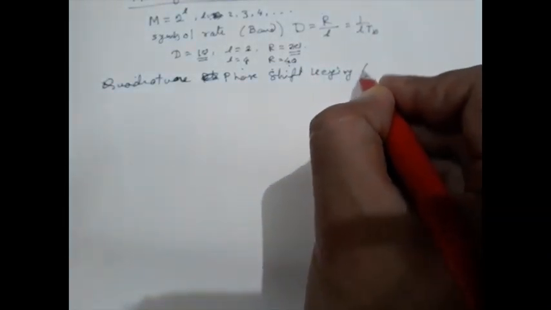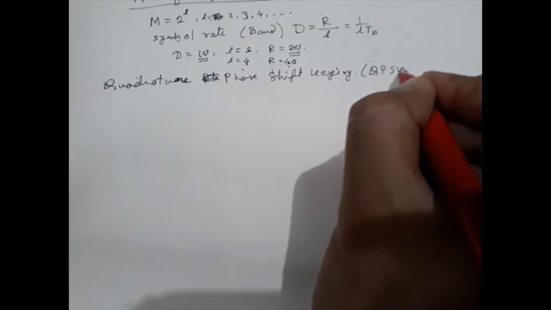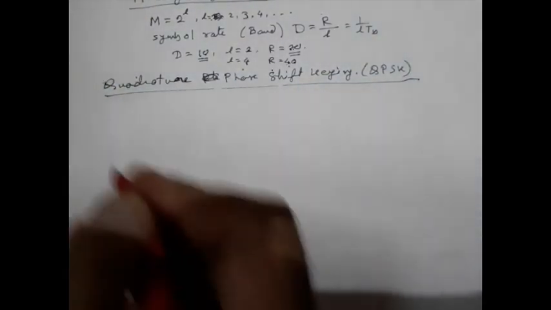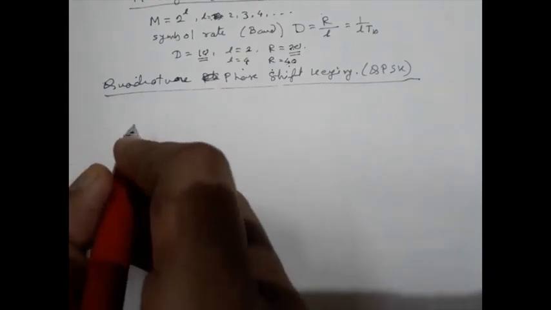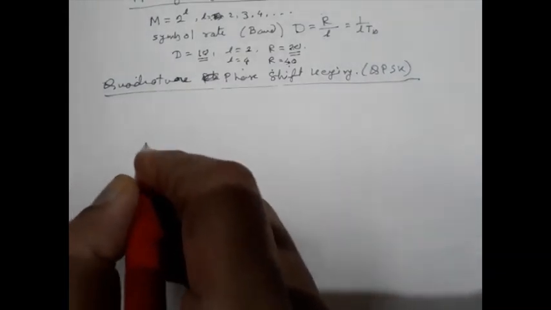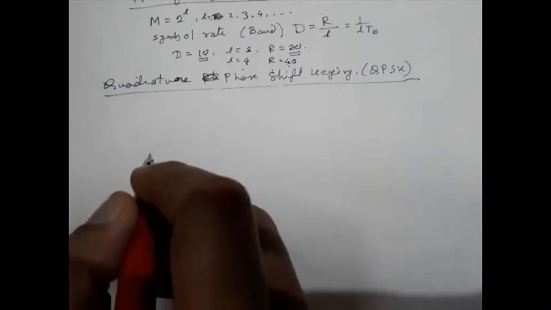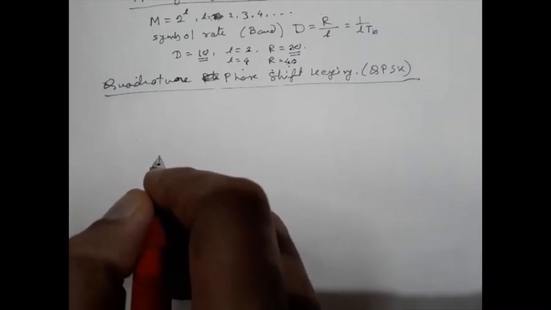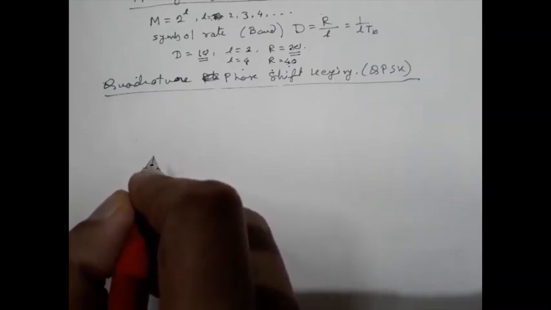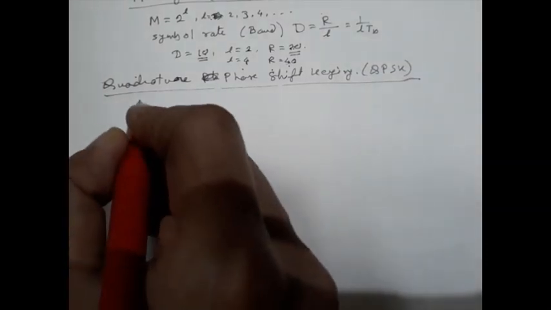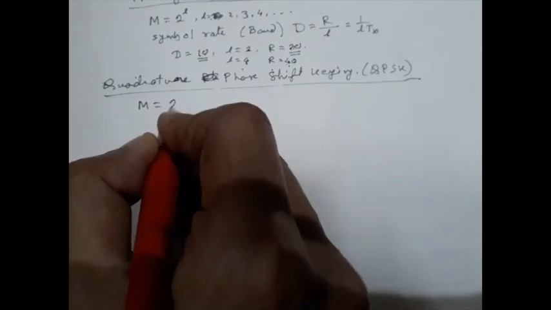Quadrature phase shift keying, or QPSK. This QPSK is an extension of binary PSK. Obviously, it is an example of an M-ary system where M equals 2 to the power 2.